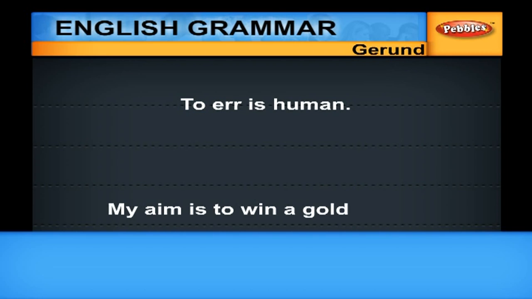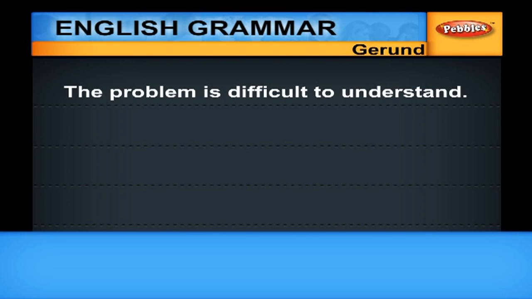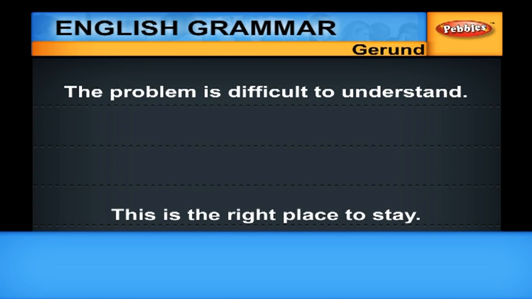My aim is to win a gold medal. Here, to win functions as the complement of the sentence. The problem is difficult to understand. To understand is to infinitive, but it expands the adjective difficult. This is the right place to stay.